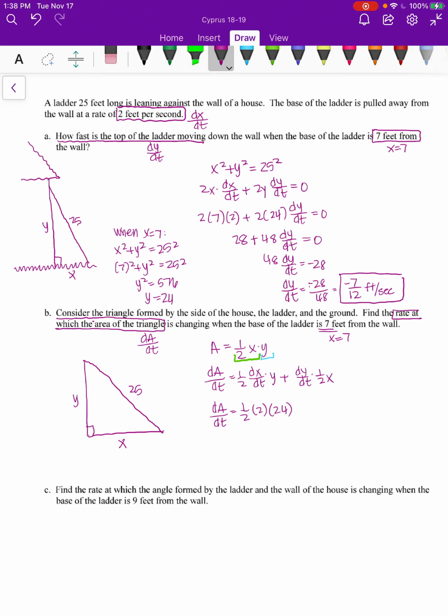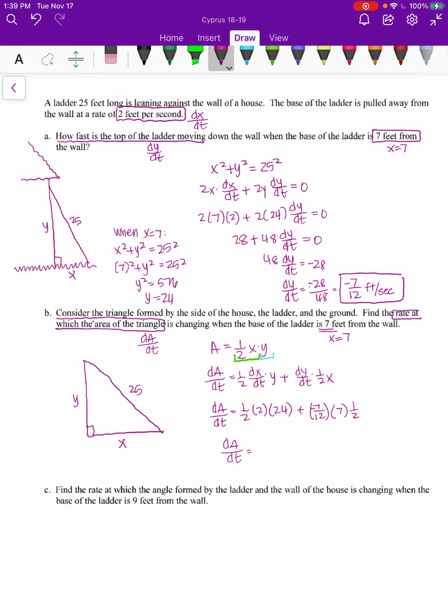If they changed that to be a different number, we would have to find out what y was again. But since x is staying 7 feet from the wall, that can stay as 24. Plus dy/dt we found in part A, times x is 7 times 1/2.